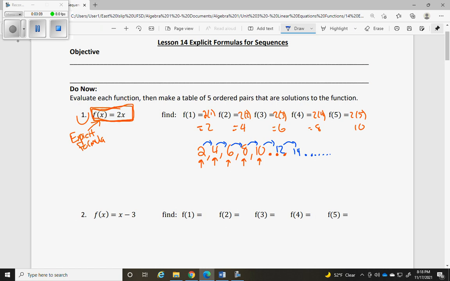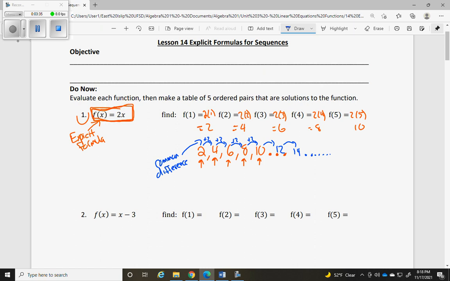When we find that number that you can add on, when we use that pattern, in this case we were adding on 2 each time, that number that we add on, we actually call the common difference. Common difference. To be honest with you, it's kind of like a rate of change, right?